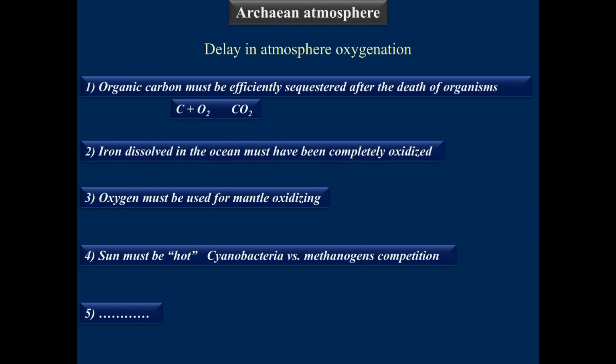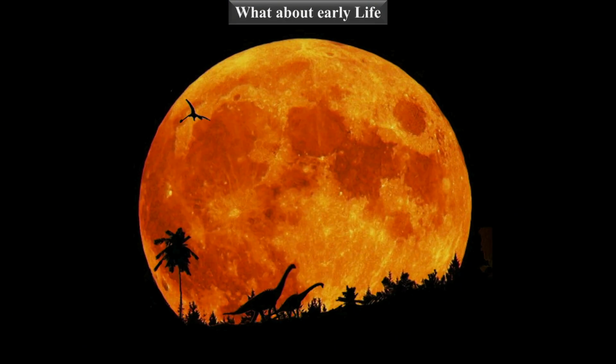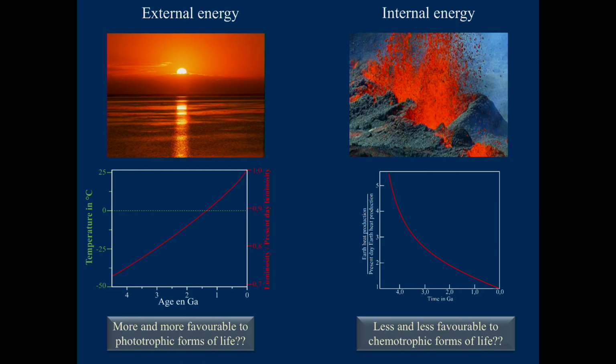Okay. The last point is, what about early life? The first point is that we have two evolutions of the sources of energy. The internal energy is decreasing in the course of time since the beginning of the Earth, and it becomes less and less favorable to chemotrophic forms of life, for instance life related to black smokers and so on.